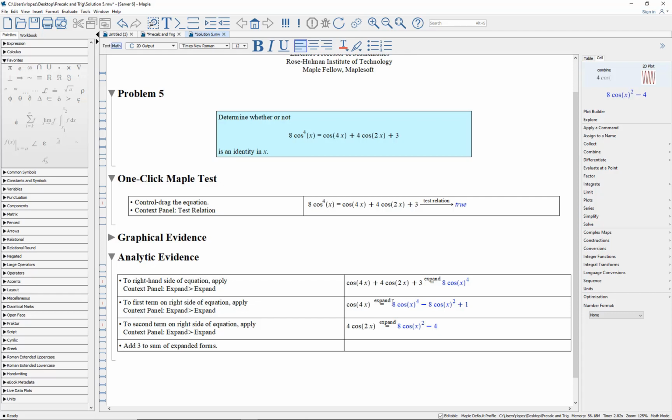What's left? 8 cosine fourth, which is the left-hand side. And so analytically, we see that yes, this is an identity, and the secret to verifying or proving that this is an identity is to use the expansion formula for cos 2x.